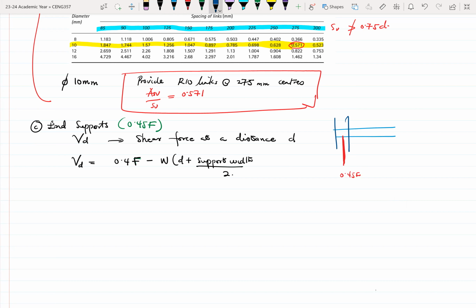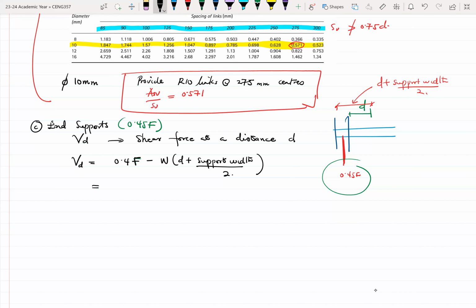So at a distance D from the face of the supports, we need to find the shear at the center supports and then subtract it from the shear between the center support to D. And that value here is D plus support width over 2. Okay.